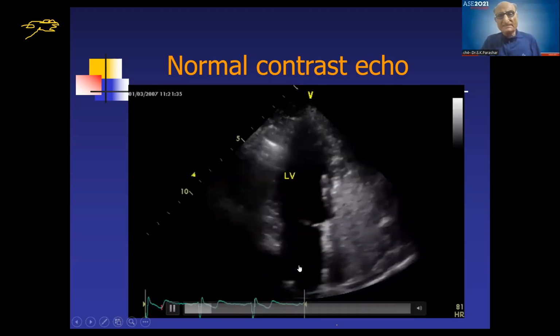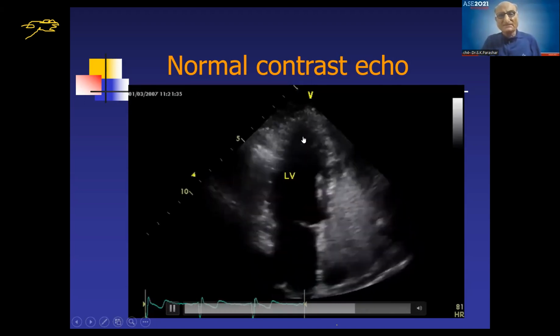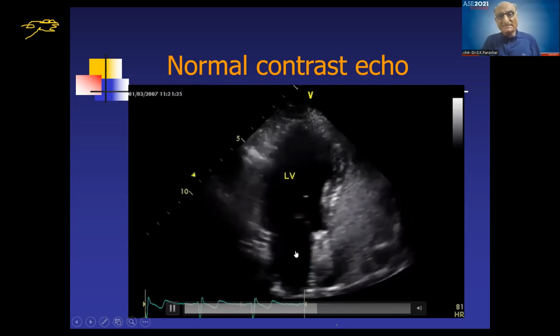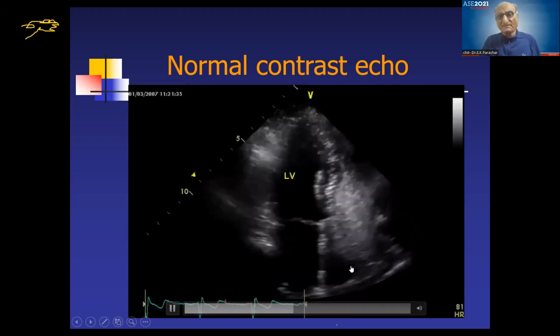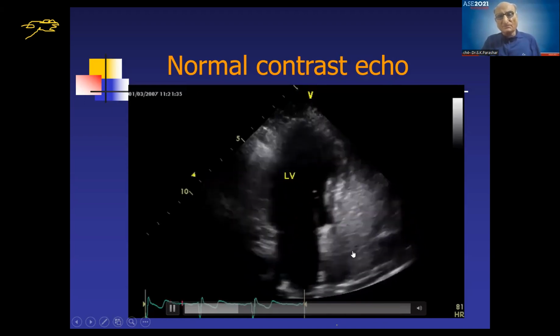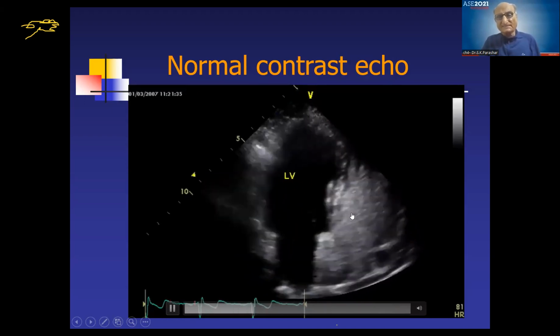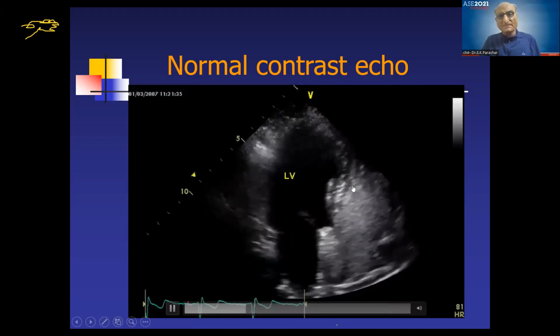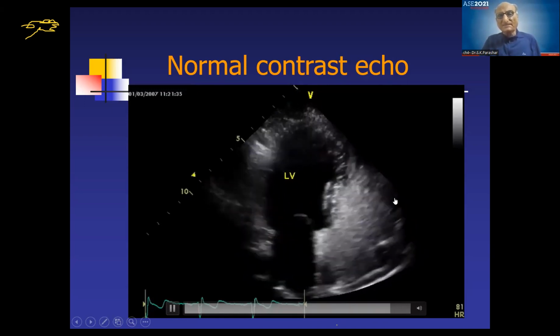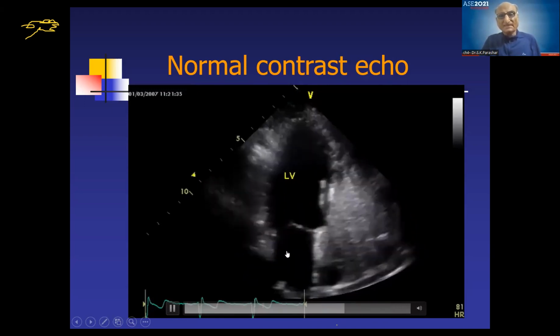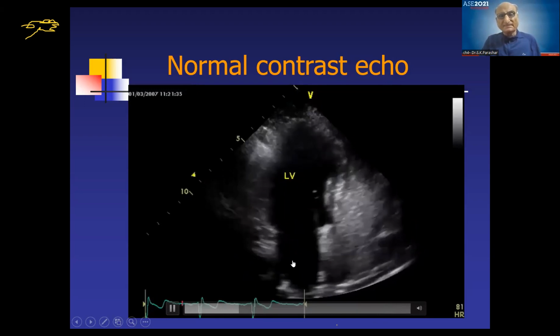So you see, none of the left-sided structures are opacified. The LA is clean, the LV is clean, so that means there is no right to left shunt. The agitated saline goes into the right ventricle, gets destroyed in the pulmonary circulation, and you get nothing in the left side.